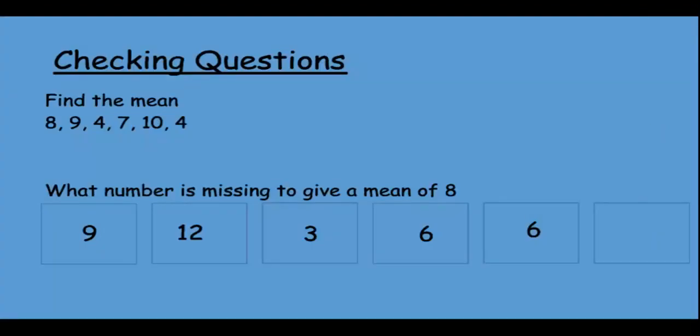So our first job is just finding the mean of these numbers. And then the second part, we've got 5 numbers and a missing number to give us a mean of 8. So how would we work that out? Okay, so the first one, I'm going to do the same thing I did earlier.